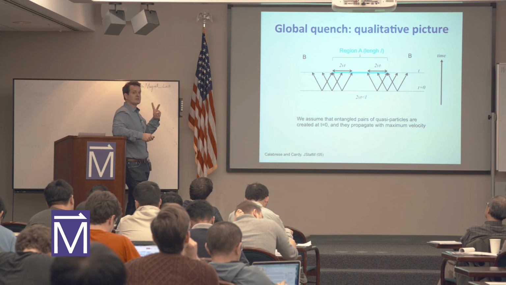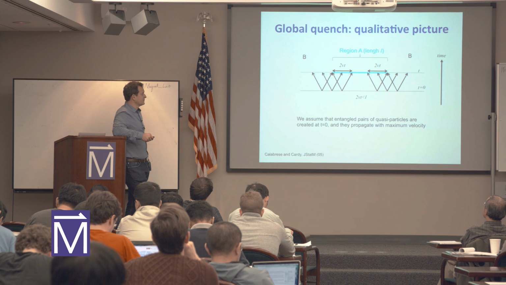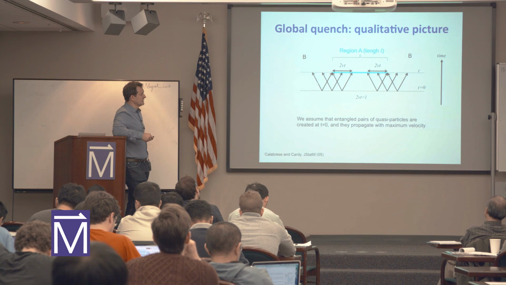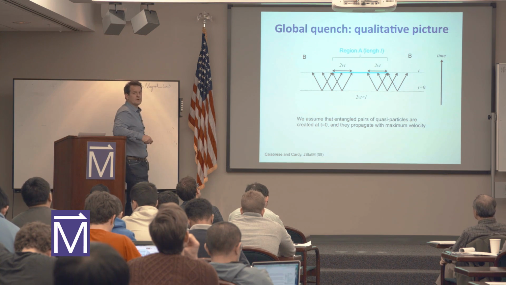Those pairs are going to be responsible for the entanglement between the inside and the outside, and for how the entanglement grows. Because beforehand, you just have the ground state area law. But now, all of a sudden, as the number of quasi-particle pairs proliferates, it becomes a volume law, right?